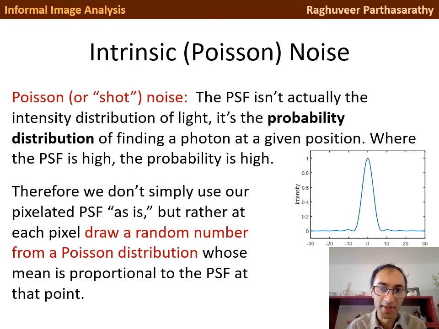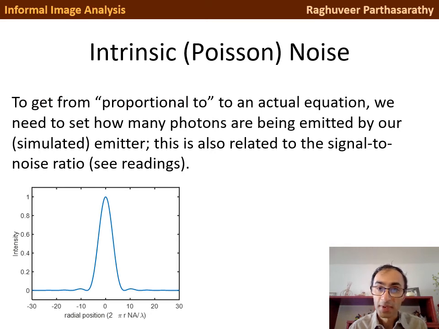Okay. You can ponder that for a moment. Right, so we draw a random number from a distribution to get how many photons we have. To turn that proportionality into an actual equation, we need to specify how many photons in total our emitter is emitting. Now, this is related to the overall signal-to-noise ratio of the image.